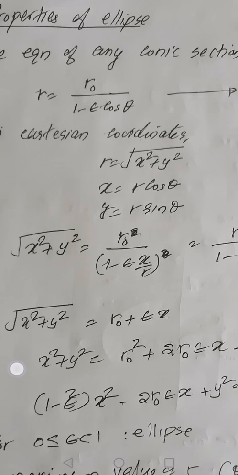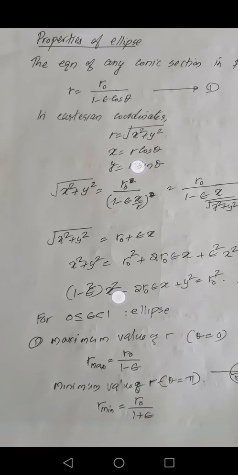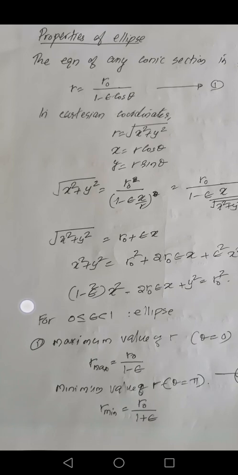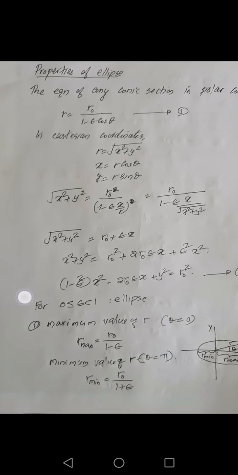In Cartesian coordinates, r is given by the square root of x squared plus y squared, and x is r cos theta. So let us substitute this in equation 1. Therefore, root x squared plus y squared is equal to r0 / (1 + epsilon x / r), or r0 / (1 + epsilon x / square root of x squared plus y squared).